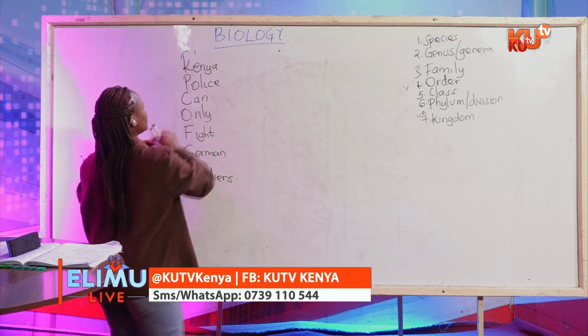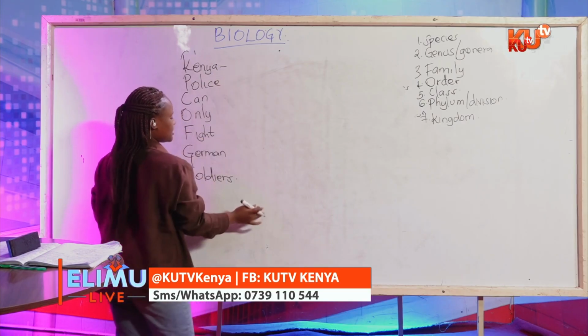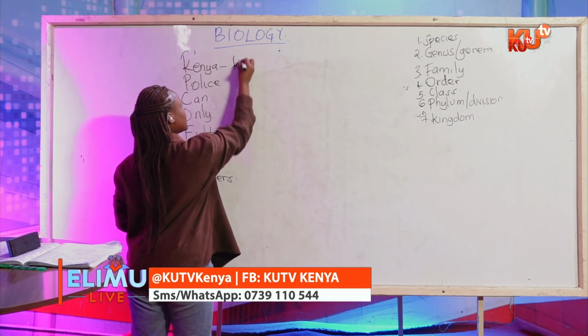This is a mnemonic that can help you remember the kingdom from the largest to the smallest. So these represent the kingdom.